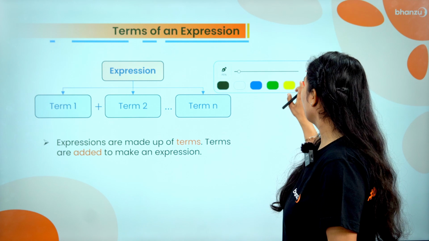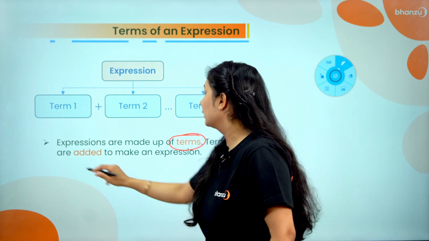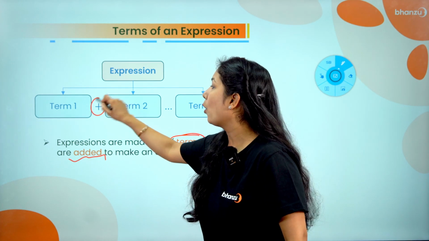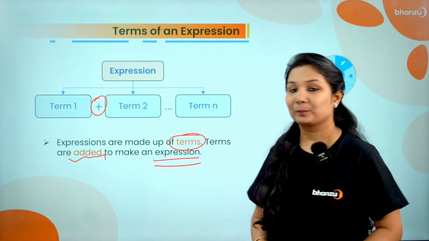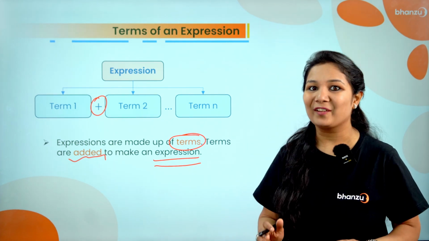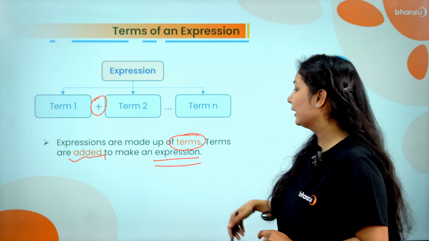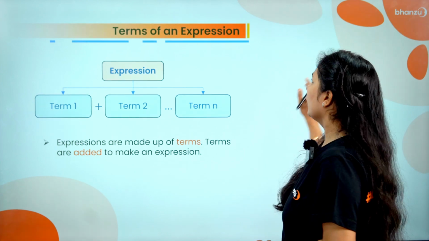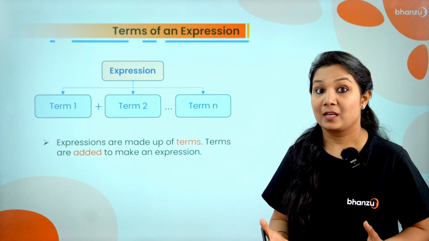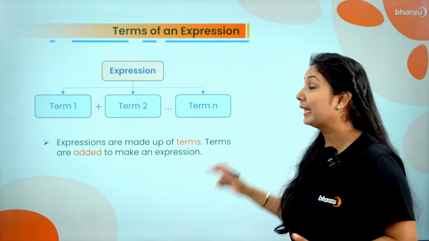Expressions are formed by terms, and terms are always and always added to form an expression. Got it everyone? So how do we get an expression? By adding different terms. Now what all do we have in terms? How does an expression look like?